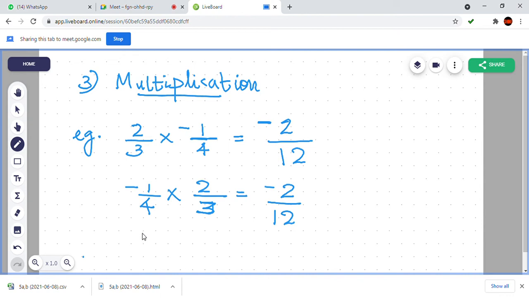And below you write: 2 by 3 into negative 1 by 4 is equal to negative 1 by 4 into 2 by 3. രണ്ട് റാഷണൽസും ഒന്ന് ഓർഡർ മാറ്റി, that's only.